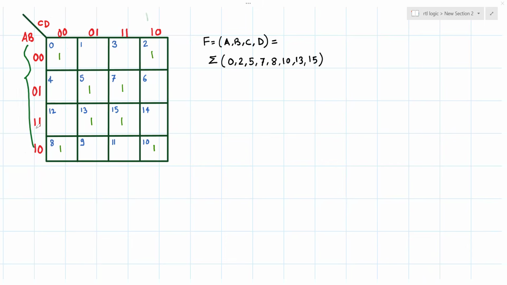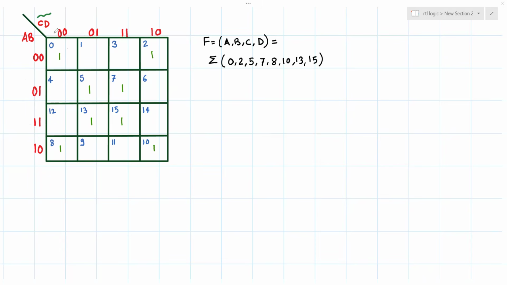On this side you have the two variables A, B, which will have four possible combinations arranged as 0 0, 0 1, 1 1, and 1 0. Note that the arrangement is always like this: 0 0, 0 1, 1 1, and 1 0.